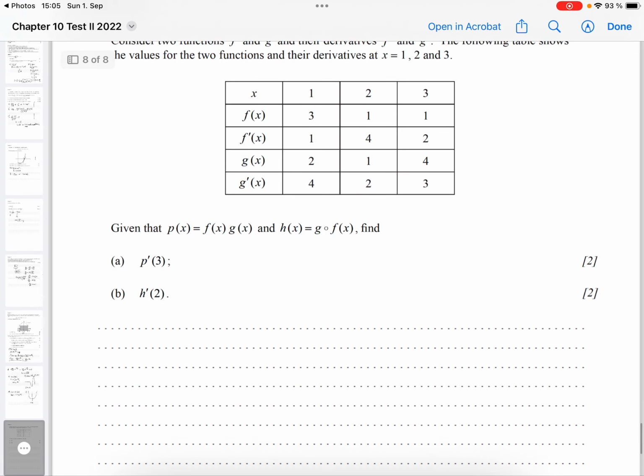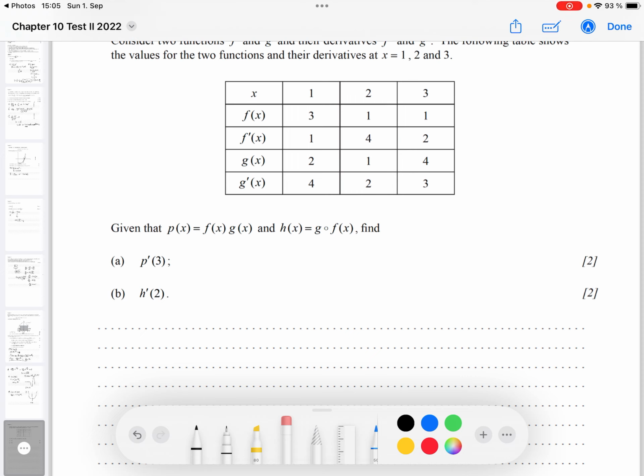So at 3, we know that p of x is equal to f of x times g of x. So p prime will be f prime of 3 times g of 3 plus g prime of 3 times f of 3, and we just have to substitute these values in now.